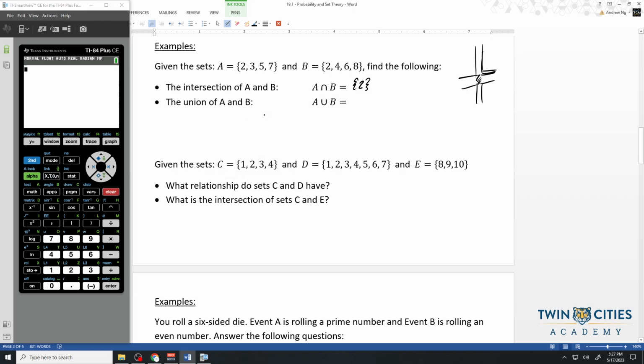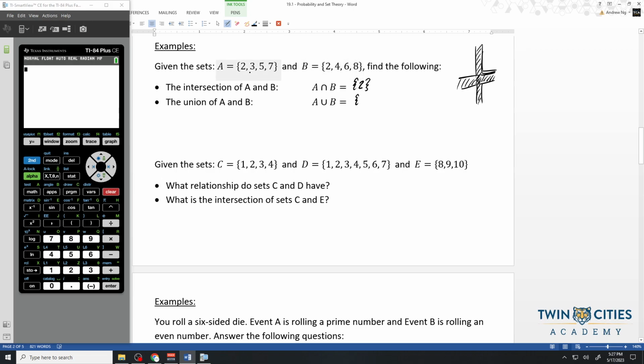The union, however, is everything. So it's all of this road and all of this road, and the intersection I only count once. So even though the intersection of A and B had this element 2, I'm only going to count that one time when I write the union.